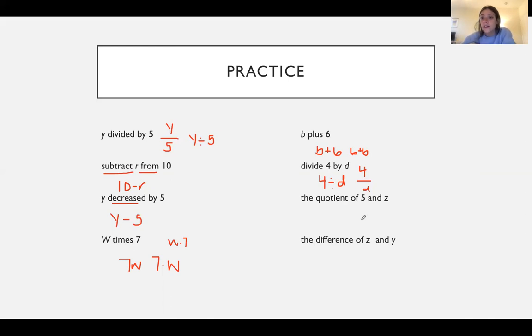And then the quotient of 5 and z. The quotient means division, so that is 5 divided by z, and then the difference of z and y is subtraction, so z minus y.